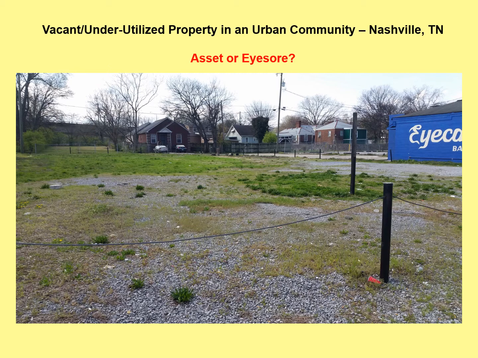Maybe it could become a playground for young people. Maybe it could become a staging area for a temporary urban market where a vendor could set up if given permission from the property owner. These are things we might see as eyesores, but we can perhaps put a more positive spin on and look at them as assets.